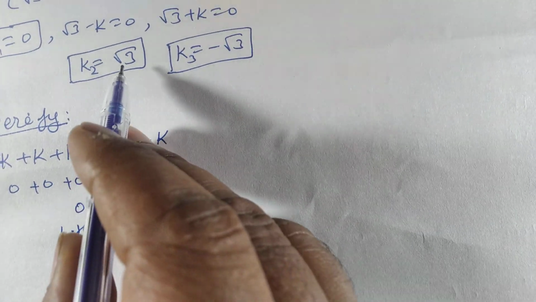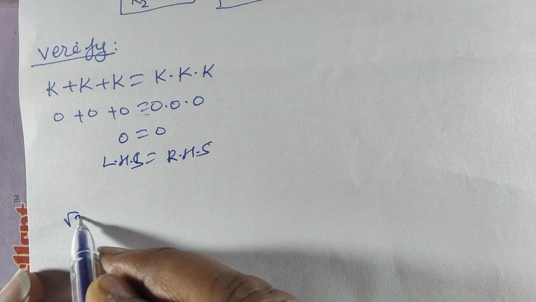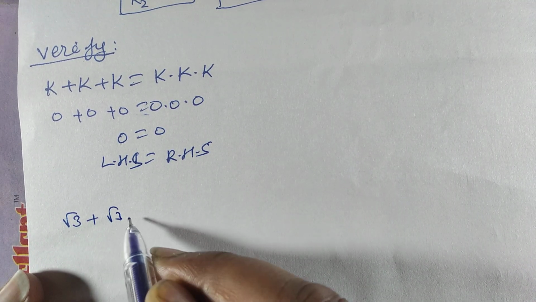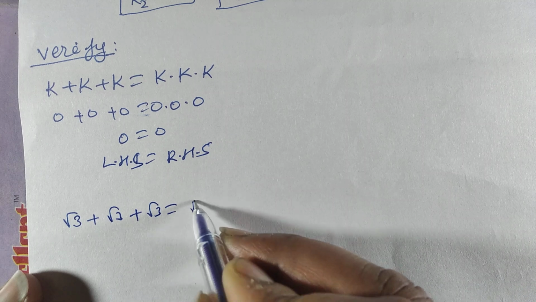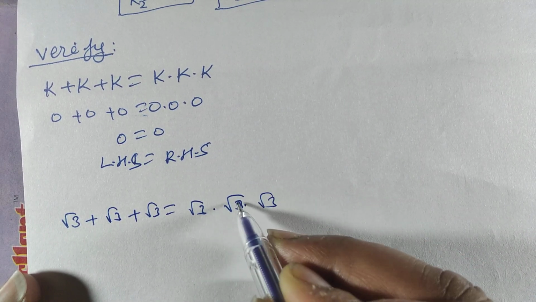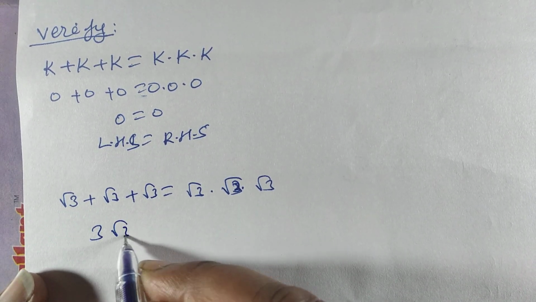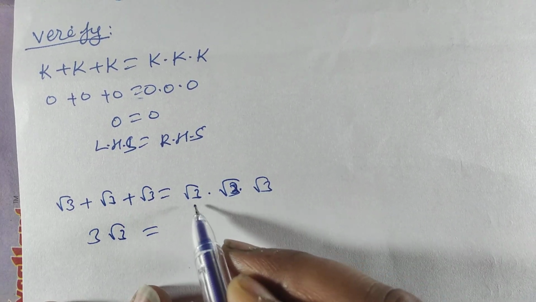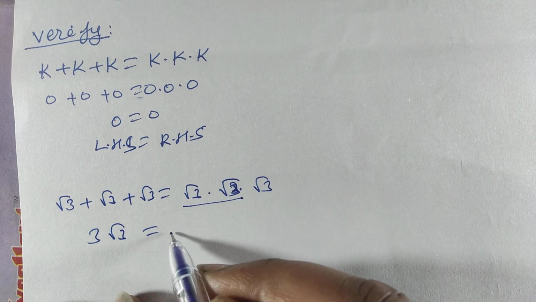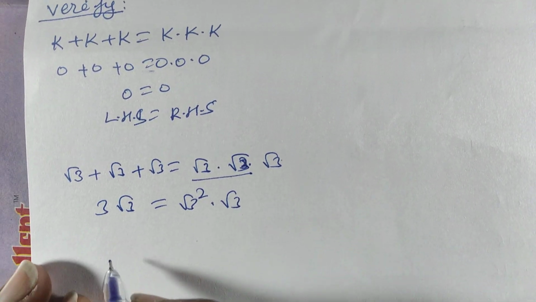Now checking another value, k2 is equal to square root of 3. Putting the value of k2 in the main equation: square root of 3 plus square root of 3 plus square root of 3 is equal to square root of 3 into square root of 3 into square root of 3. Adding, 3 times square root of 3 is equal to square root of 3 square times square root of 3.